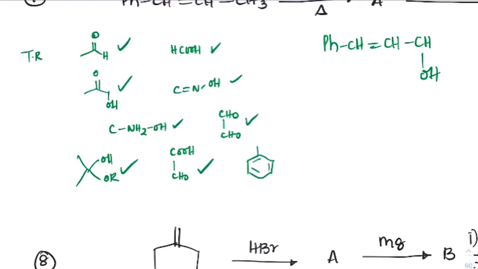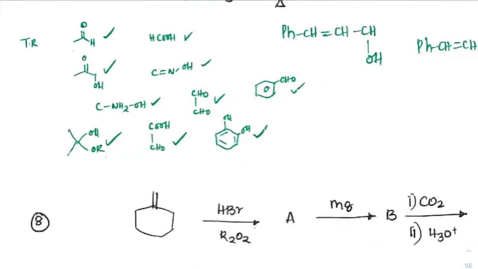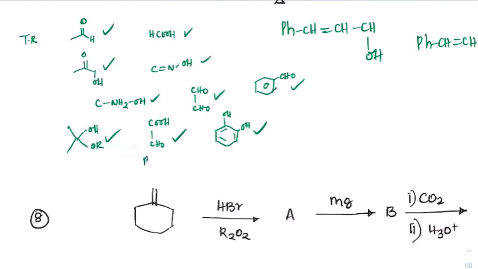If we have catechol, this will also give. Aryl groups with CHO will also give. Triple bond will give Tollens test, but it does not give the silver mirror test. Sir, what will catechol give as product? Catechol will give us quinone, orthoquinone.